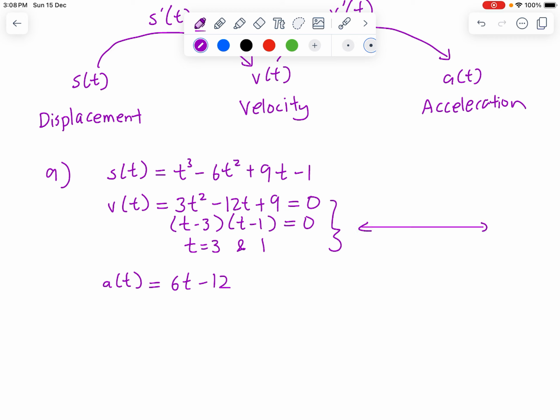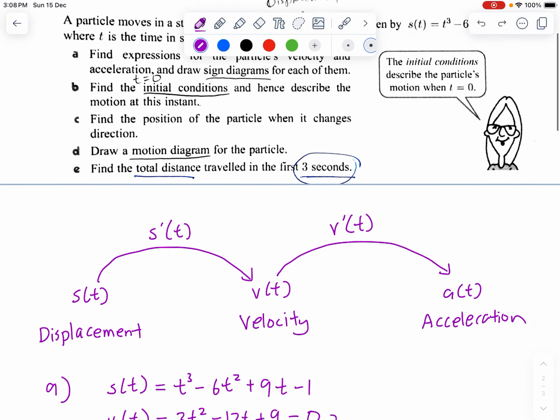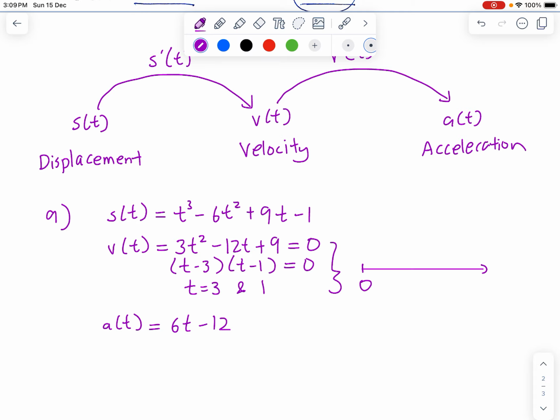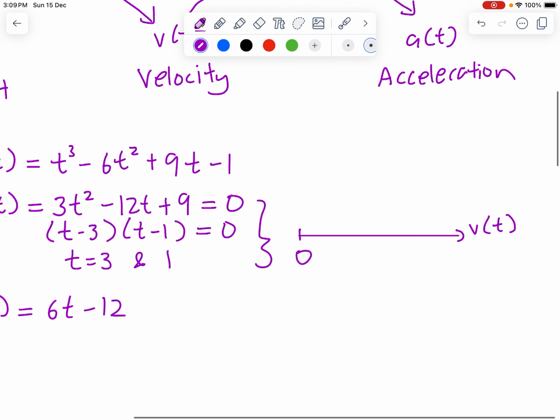When we draw sign diagrams, oftentimes we do open arrows on both ways. But here, notice that t has to be greater than or equal to 0, because logically, time cannot be negative. So we have a limit there. Now we're trying to find the sign diagram for velocity.